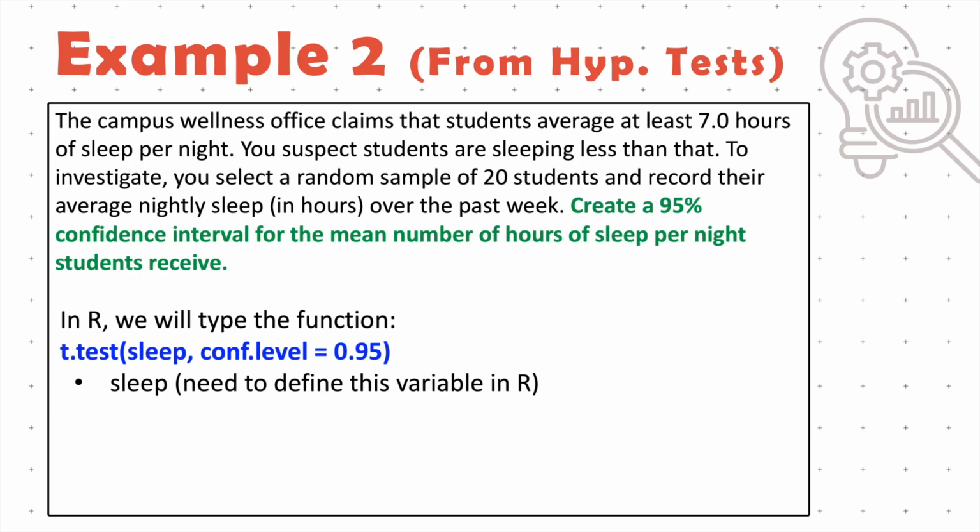So we will type t.test and then grab the variable sleep, but I do need to define that variable first for R. And then the confidence level is 95%, so we do conf.level equals 0.95.